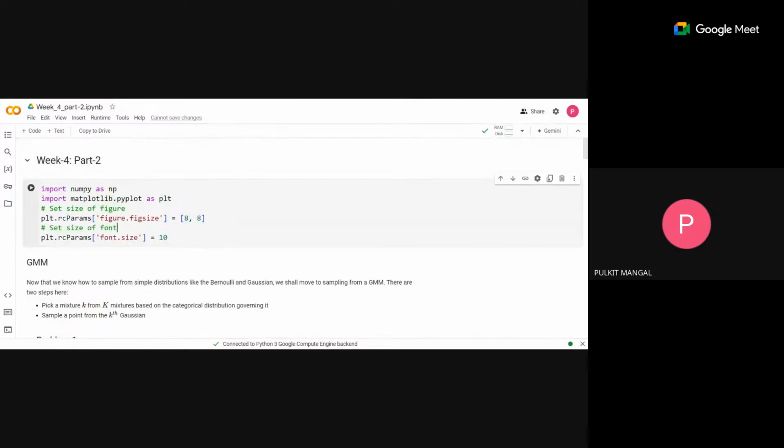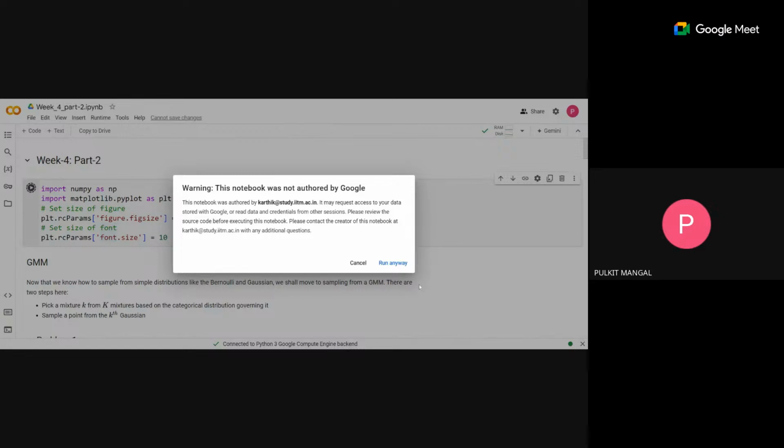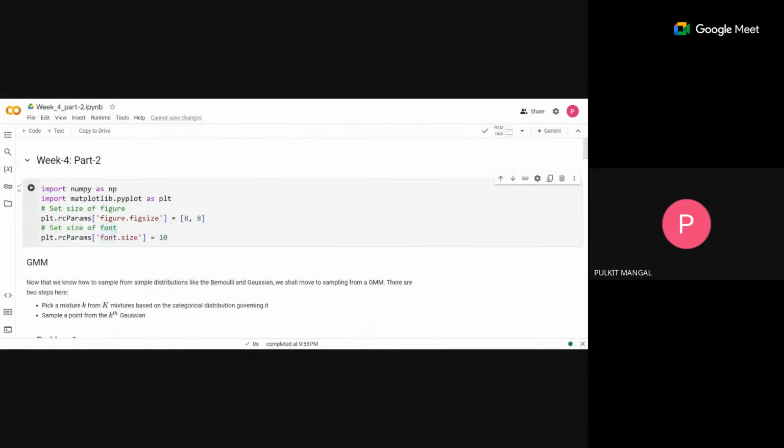The first cell contains importing numpy and matplotlib, and just like before, we are changing the plot figure size. This basically changes your figure size from default to 8 by 8 and the font size to 10.